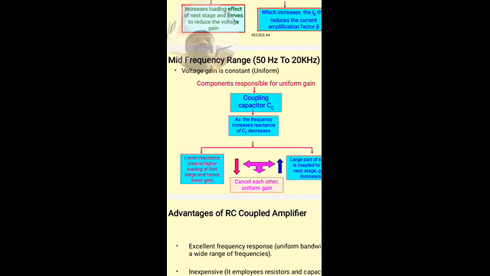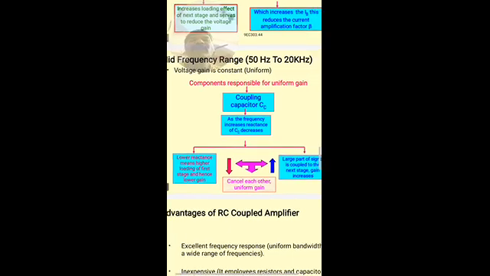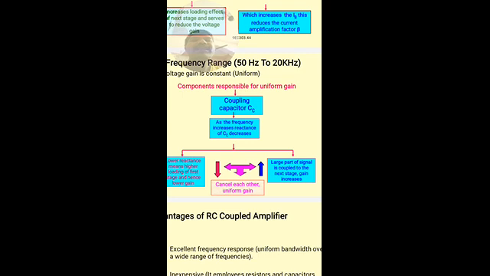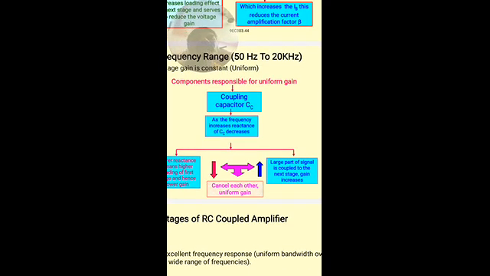And when the reactance is very low, a large part of the signal is coupled, so two things are observed simultaneously across the coupling capacitor. In the mid frequency region, the reactance of the coupling capacitor is very low, so most of the signal will be coupled from one stage to the next stage, and that will increase the gain, shown by the blue arrow.